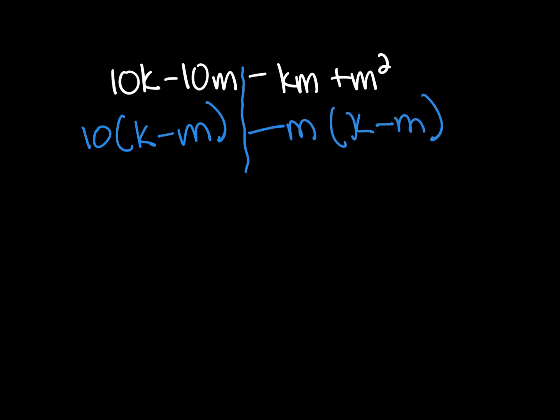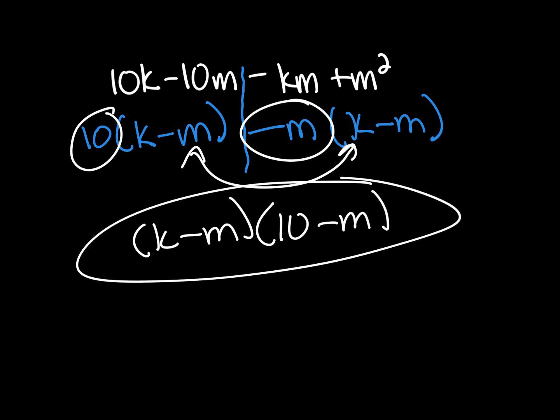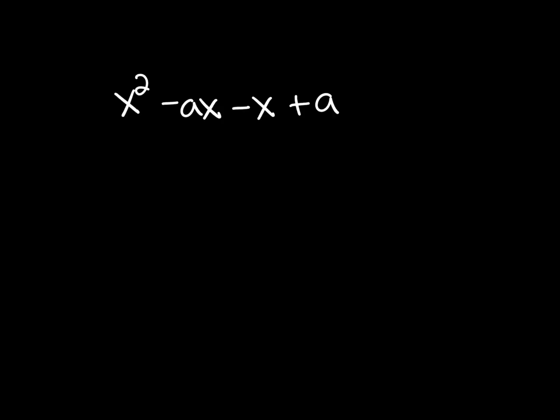So there's 2 times. Now I'm going to compare the sides for my 3rd and final time, and the part that's left is the rest of my factored answer. So it really is finding the GCF 3 times, once on the left, once on the right, and then once comparing. Let's do a few more.